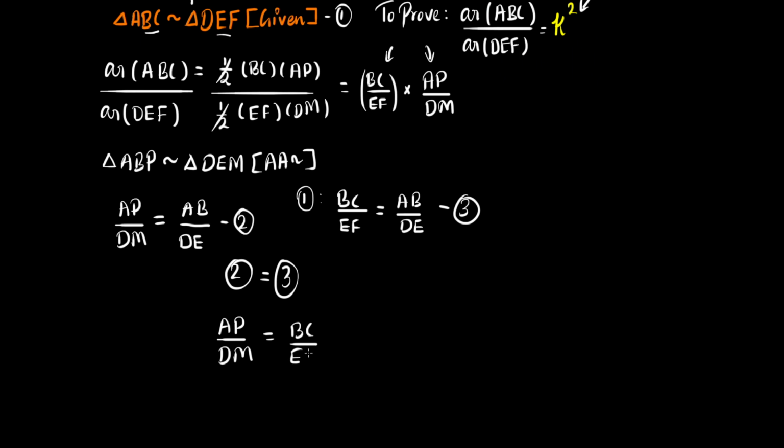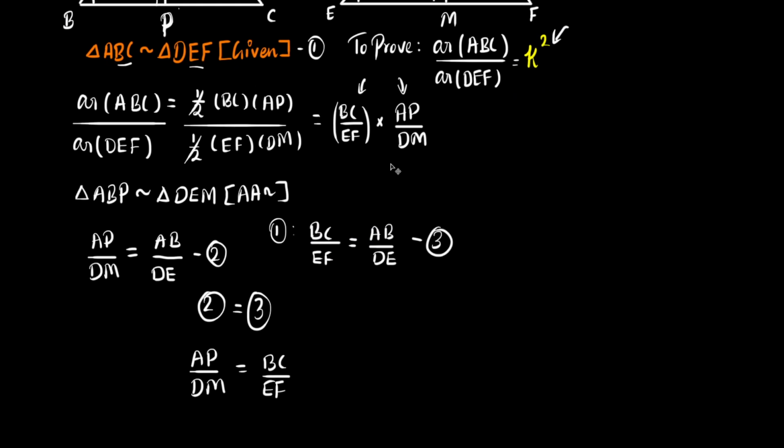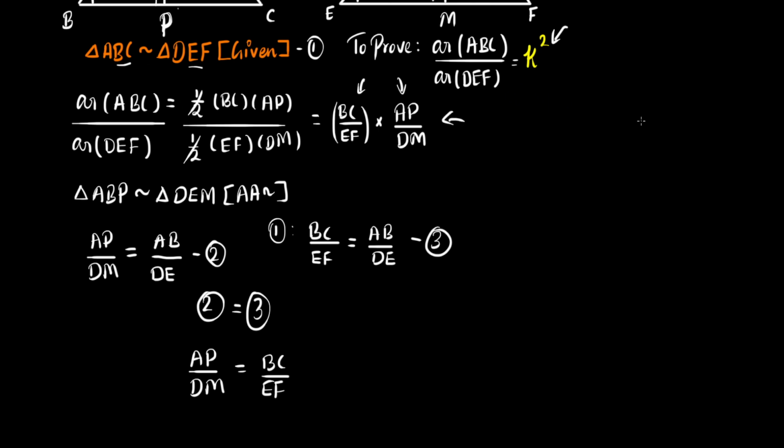Whatever the value is here is the value here, so this relationship helps us prove it. From this equation, we have BC by EF times AP by DM, and AP by DM is basically BC by EF, so we get BC by EF times BC by EF, which is BC by EF squared.